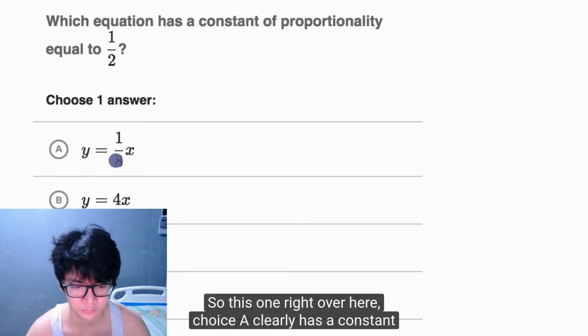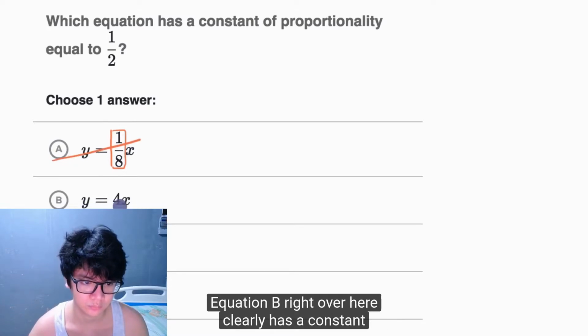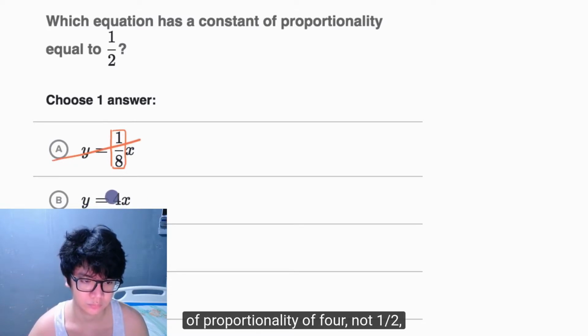So this one right over here, choice A, clearly has a constant of proportionality of 1/8, so we can just rule that out. Equation B right over here clearly has a constant of proportionality of 4, not 1/2, so we could rule that one out.